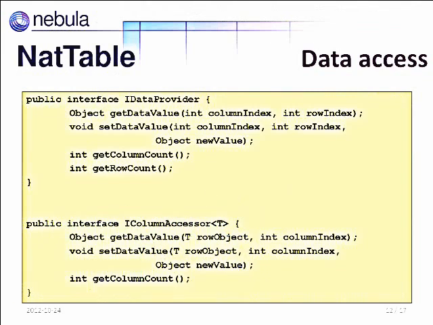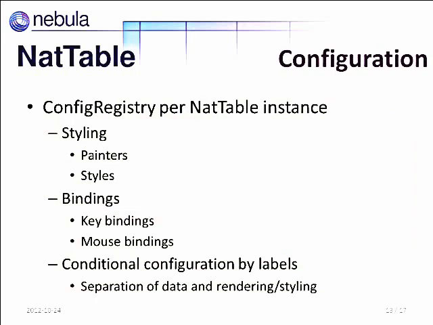Normally, you have a list of data, a list of persons, as the example showed before. So you're supposed to use our list data providers, or GlazedList data providers, and only attach your column accessor, which, compared to the JFace viewer approach, really works on the data itself.